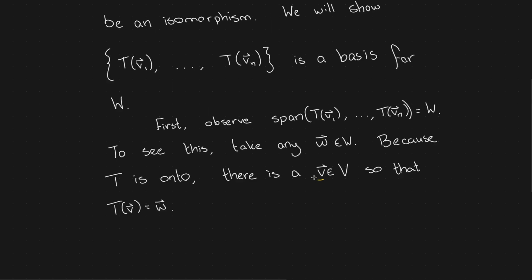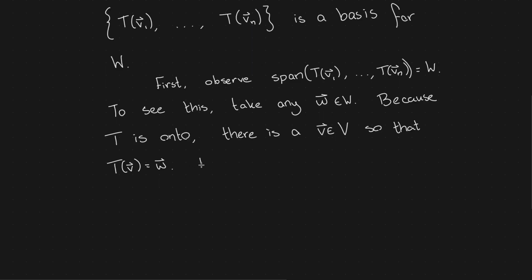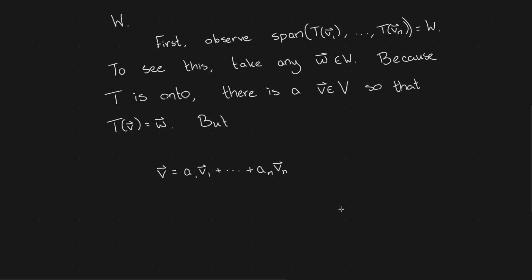But vector v is in vector space V, and therefore can be expressed as a linear combination of the basis vectors V1 to Vn, because V1 to Vn is a basis. And every vector in a vector space can be expressed as a linear combination of the basis vectors.